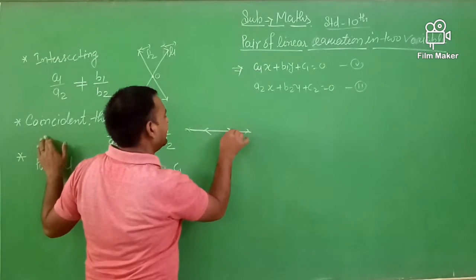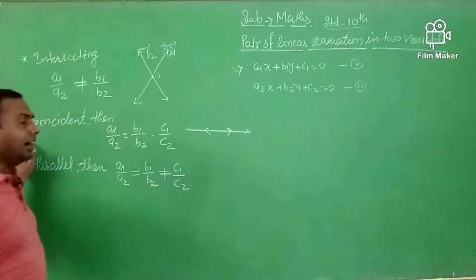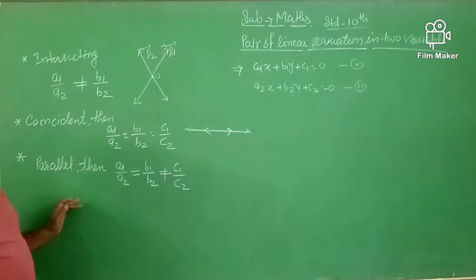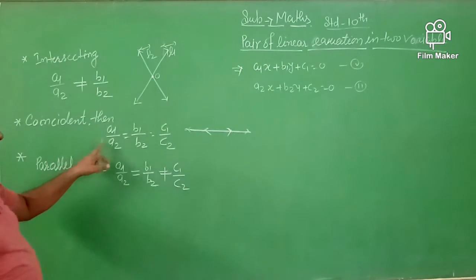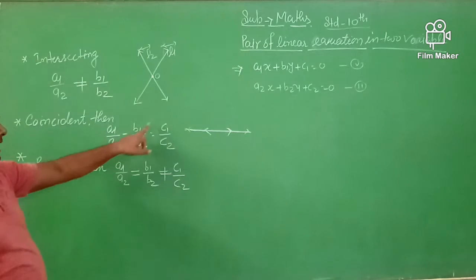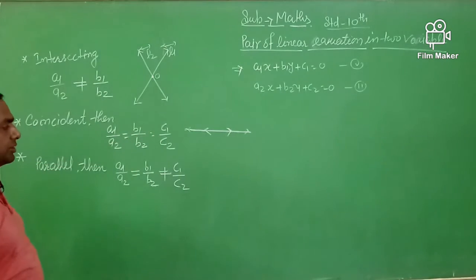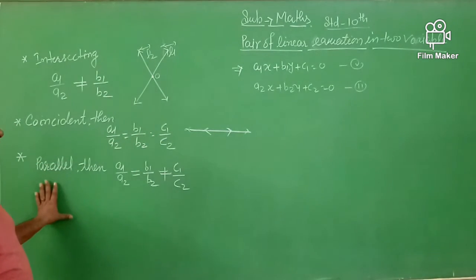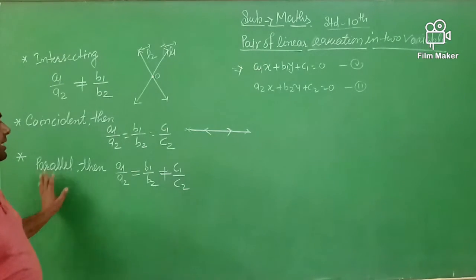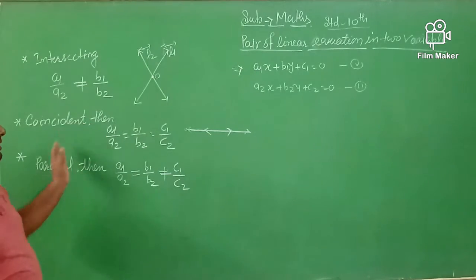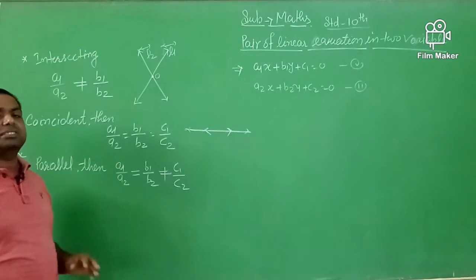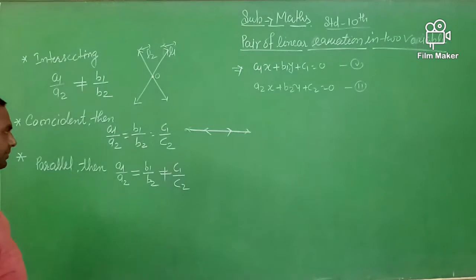You can say it has many solutions or infinite solutions. I repeat, if a1 by a2 is equal to b1 by b2 and equal to c1 by c2, then you find infinite solutions of these equations, meaning the lines overlap each other many times.